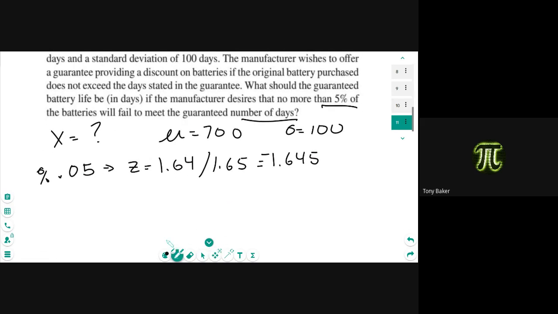Okay. So I've got negative 1.645 equals X minus 700 divided by 100. So what do I do?